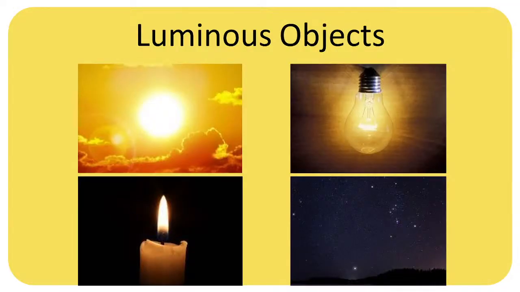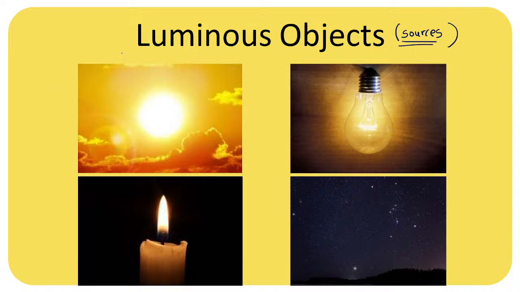So all the sources of light, all the objects that you have placed under the sources of light, you can see them as luminous objects. All those objects we have seen as sources of light can be put into this group as luminous objects.